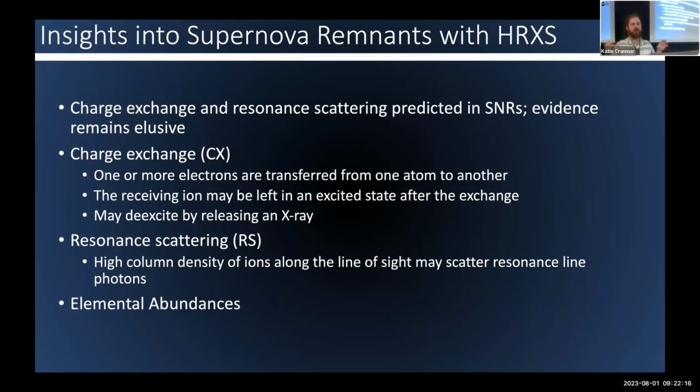And so after the exchange, the electron will de-excite and it will release an X-ray. And resonance scattering is when you have a high column density of ions along your line of sight. And so the resonance line from anything behind that is more likely to be scattered. And this has a significant effect on elemental abundances.